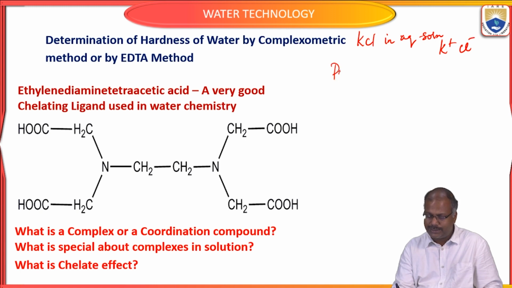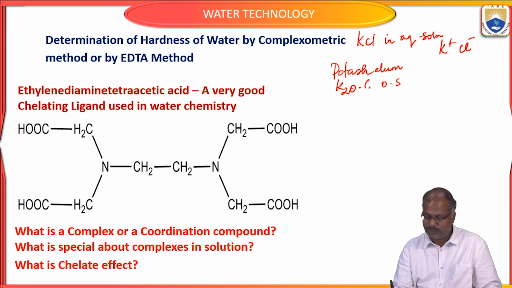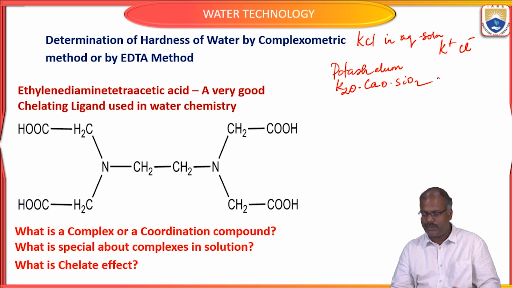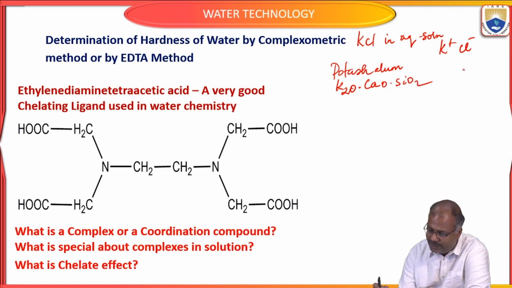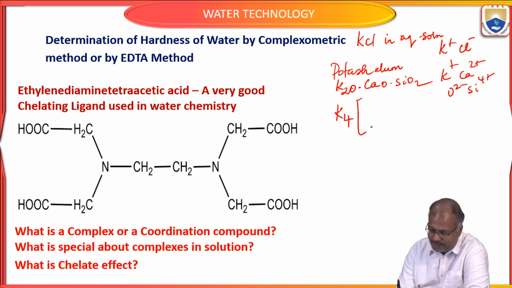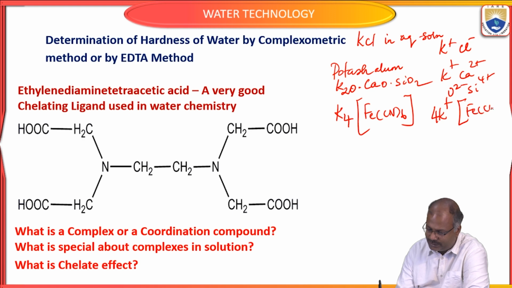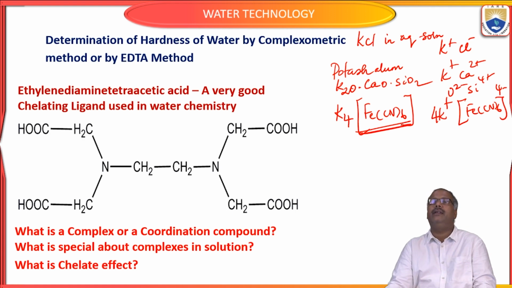Or even if you take potash alum, it's a mixed salt, then they also have ions like K+, Ca2+, O2-, Si4+. Now if you take any inorganic complex or coordination compound like this, it will be 4K+ and [Fe(CN)6]4-. So this will retain its identity in the aqueous solution.